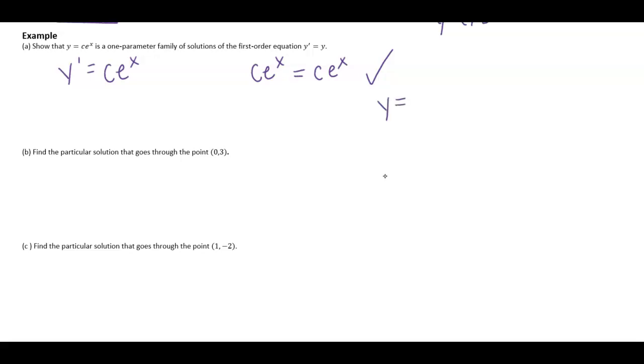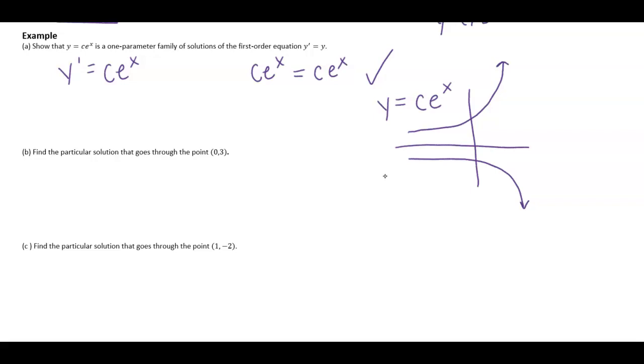Now, if I want to find the particular solution that goes through (0, 3), what that means is, because c can be anything, if c is positive, I'm going to have an exponential function like this. But if c is negative, then I might have an exponential function like that.